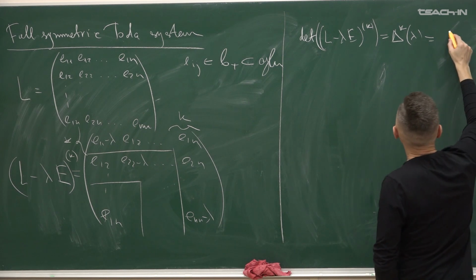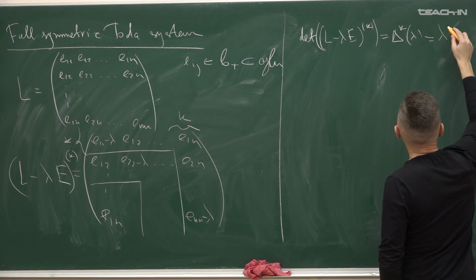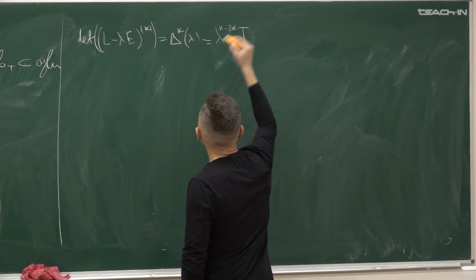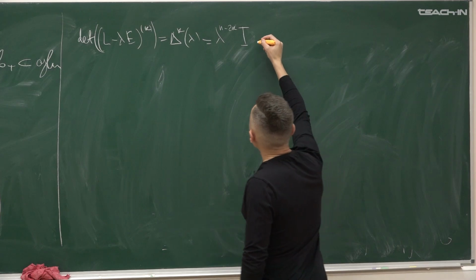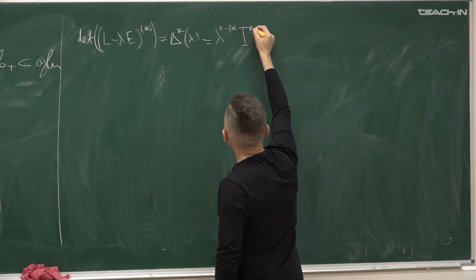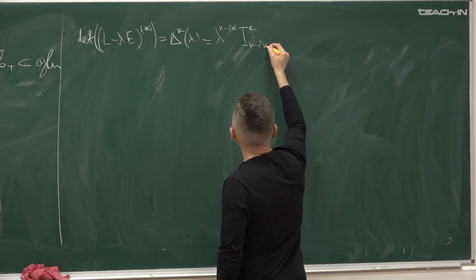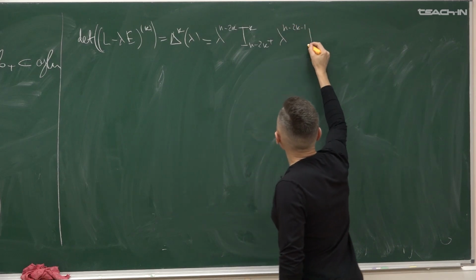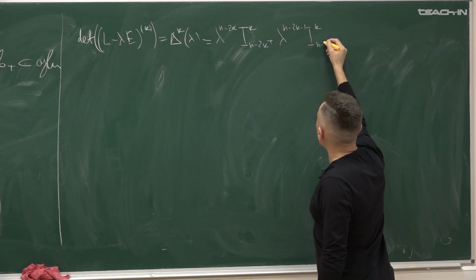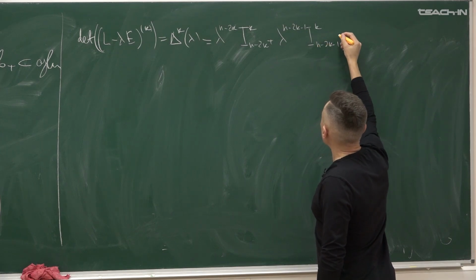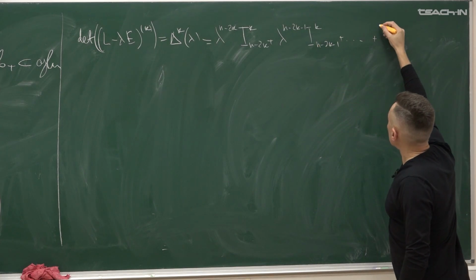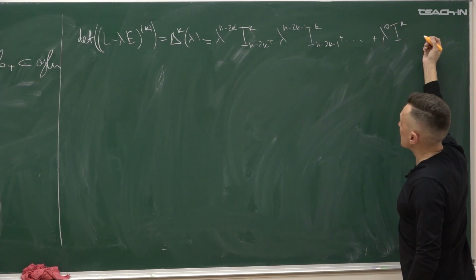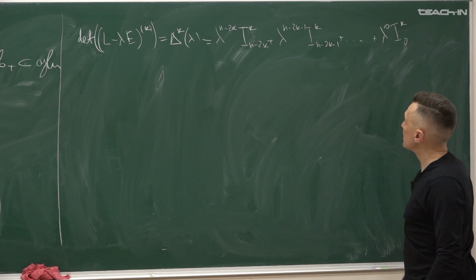It starts with lambda to the n minus 2k, with the coefficient I_{k,n-2k}, plus lambda to the n minus 2k minus 1 times I_{k,n-2k-1}, etc., plus lambda to the 0 times I_{k,0}.